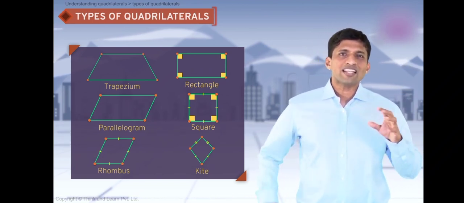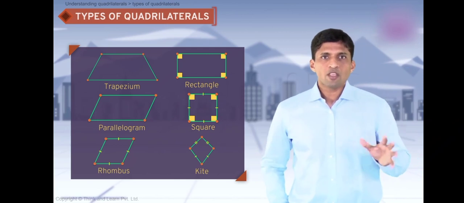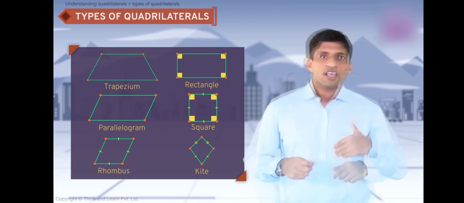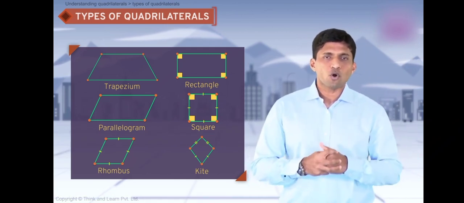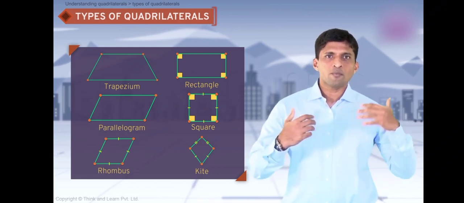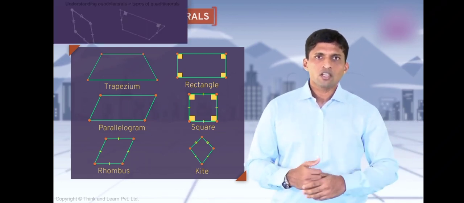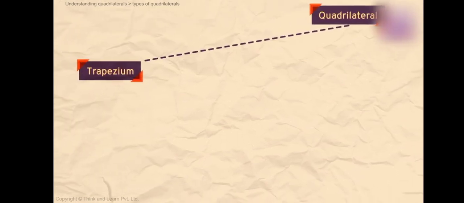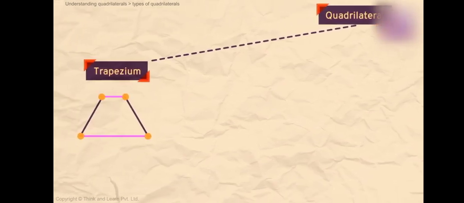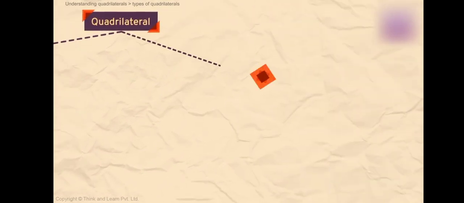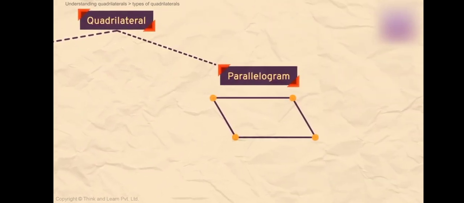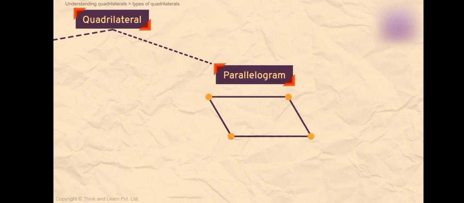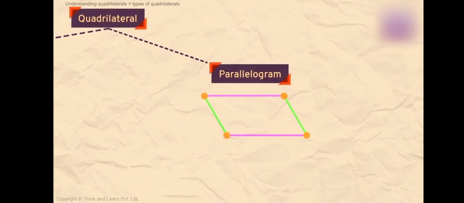Now just to make you understand using a very simple diagram, maybe you can represent them like this. If we just summarize all types of quadrilaterals and present them all in one screen, it will look like this. A trapezium where one pair of opposite sides are parallel. Now if you look at different types of parallelograms, parallelograms is where both pairs of opposite sides are parallel.